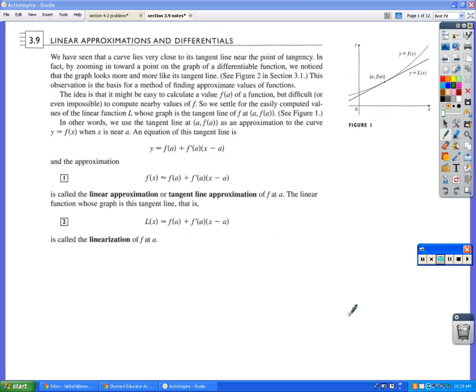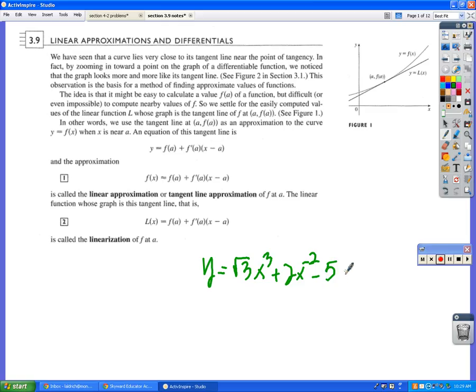All right, so the idea behind linear approximation is that, let's say you have some crazy function like y equals square root of 3x cubed plus 2x to the negative 2 minus 5, I don't know, pi cosine x.